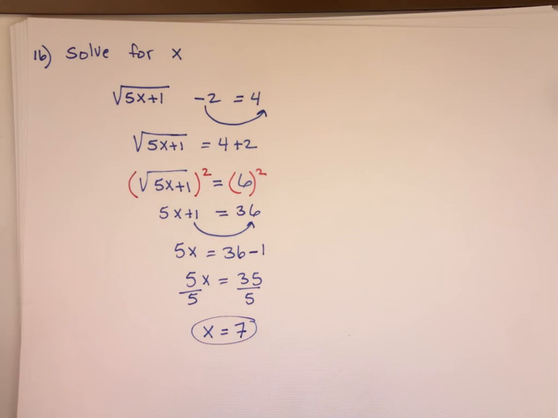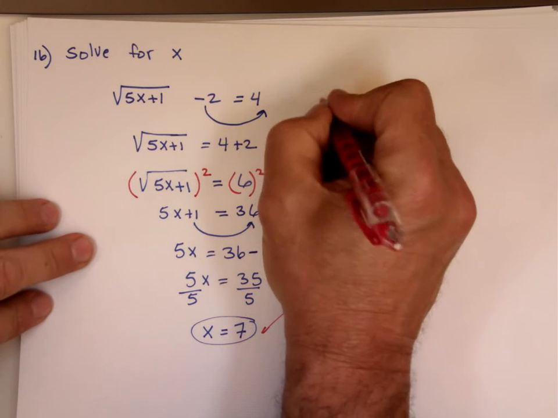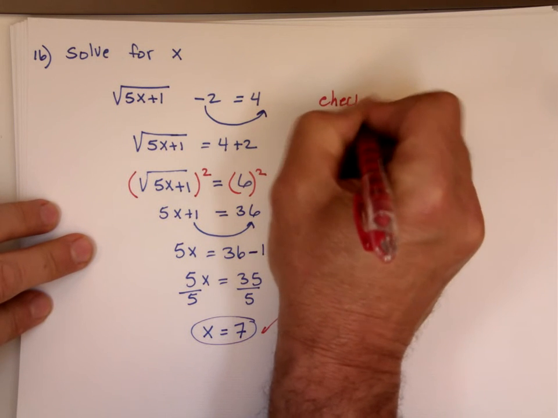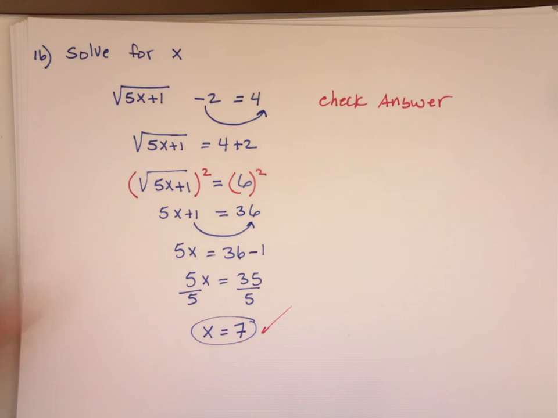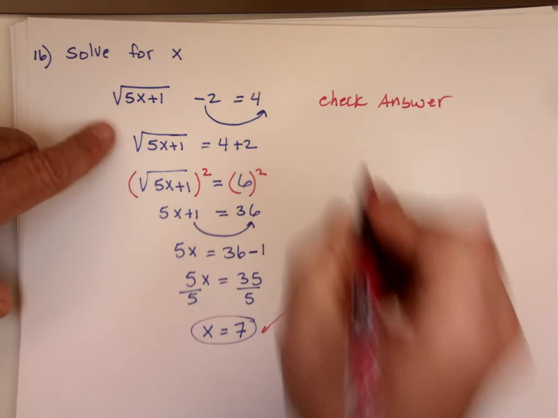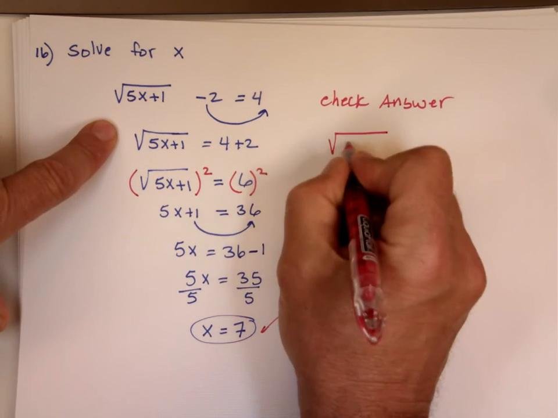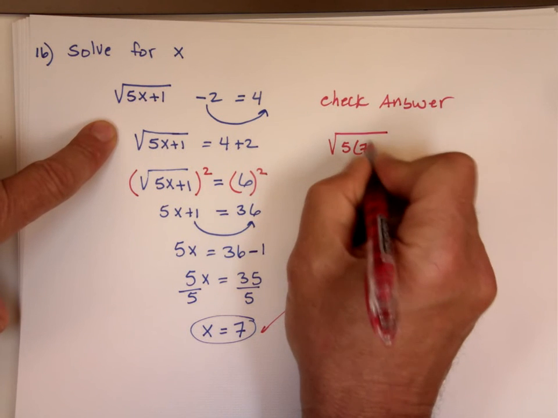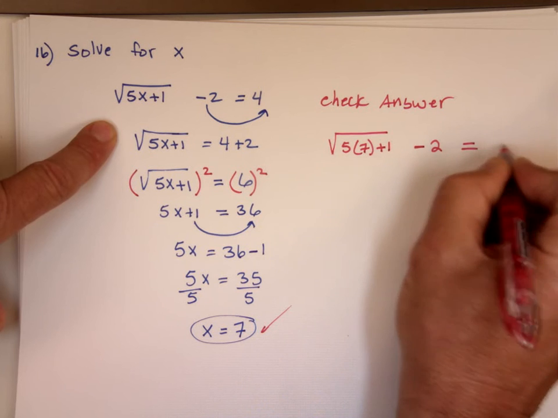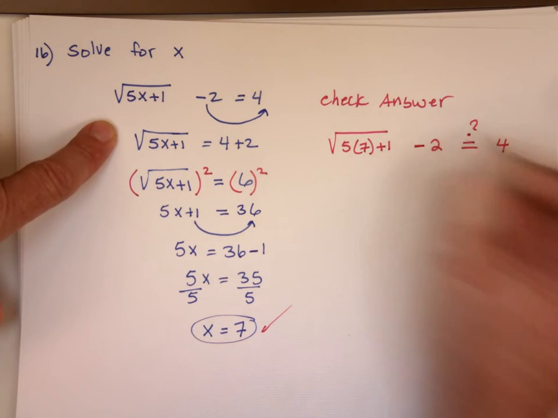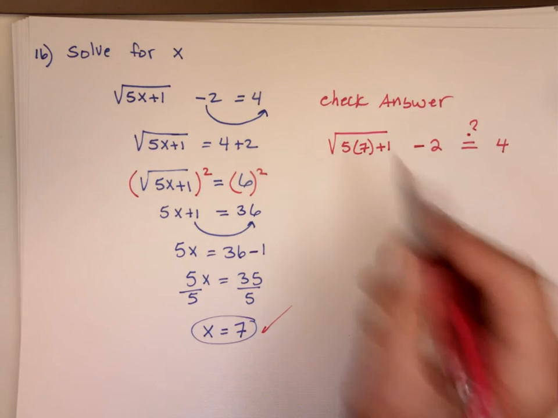And before we get excited about it, oh, that's the good answer, let's check and make sure it works. Check answer. Is the square root of 5 times 7 plus 1, minus the 2, does that equal 4? 5 times 7 is 35 and 1 is 36.